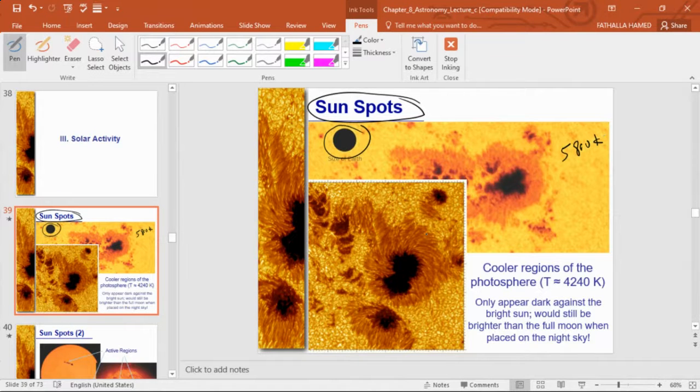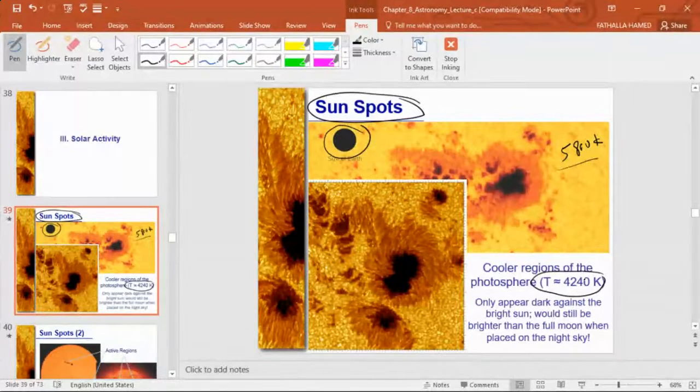When you look at a region where you have sunspots, the temperature there is about 4,240 Kelvin. So they are lower in temperature. The reason we see them as dark is because of this contrast in temperature. The surface of the sun is 5,800 Kelvin. These are 4,240 Kelvin, which is still very hot.